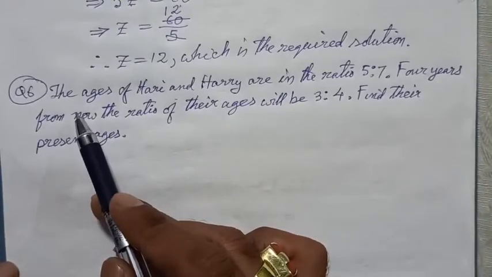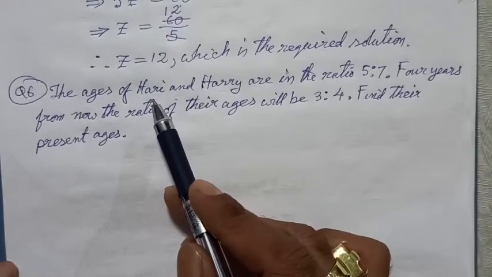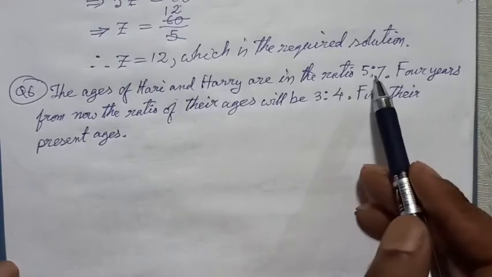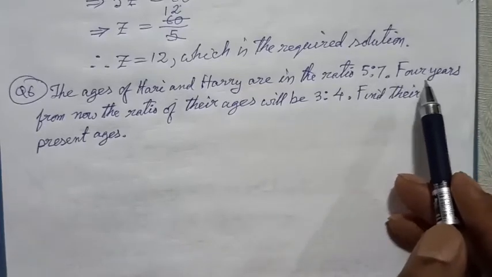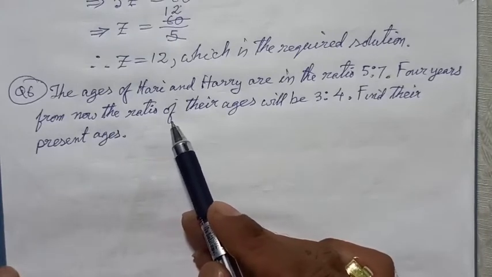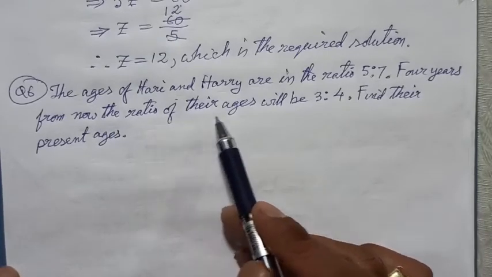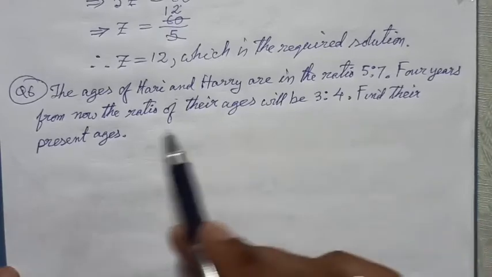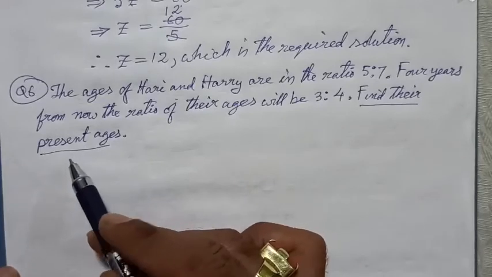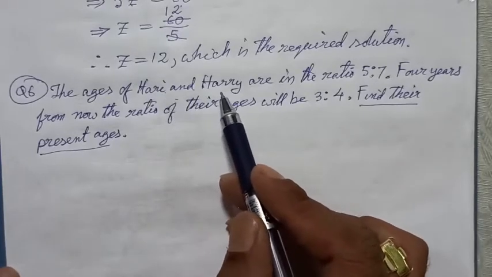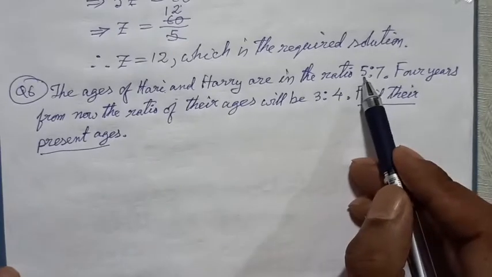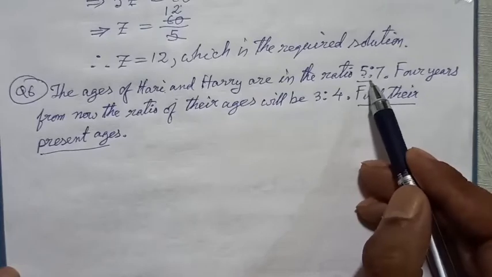So here the question says that Harry and Harry, their ages are in the ratio of 5:7. 4 years from now, that means after 4 years, the ratio of their age will be 3:4. Find their present age. So we need to find out their present age. So we have to start by taking Harry and Harry's present age is 5x and 7x. We have to start from the given ratio.